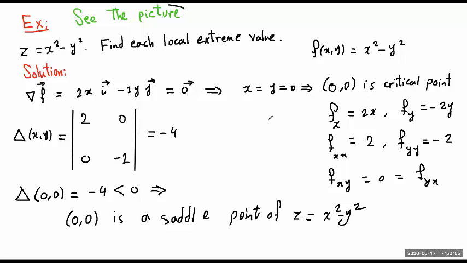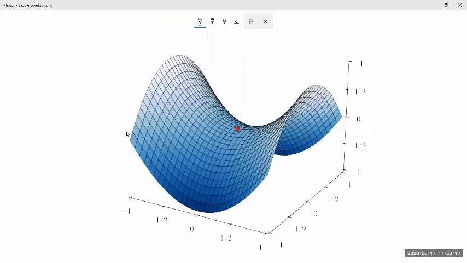Let's see the picture or the graph of the surface of the function x squared minus y squared. Here you can see the surface of z equals x squared minus y squared.